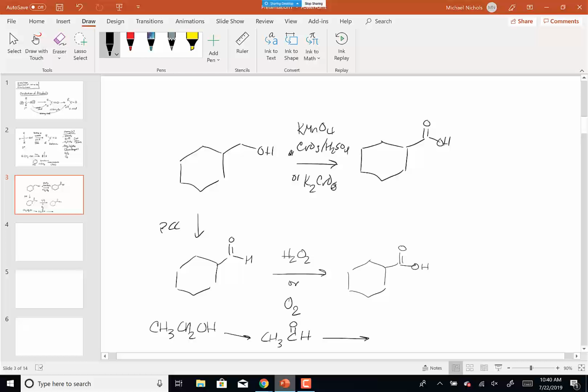And you certainly don't want it oxidized further to form a carboxylic acid, or your bottle of wine is going to be a nice, expensive bottle of vinegar, because acetic acid is vinegar. So you have to protect it from just simply O2. It'll oxidize it.